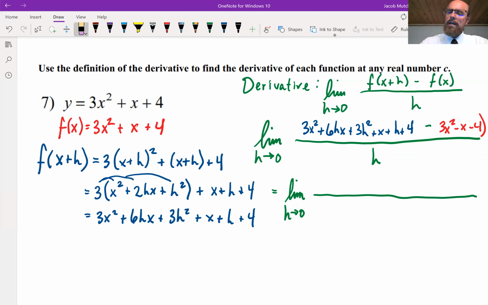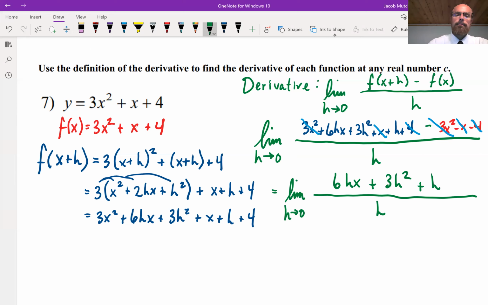So let's see if we've got any cancellations in our numerator. So 3x squared minus 3x squared definitely will cancel. Plus x minus x and 4 minus 4. So that, again, what we're left with in our numerator is a much simplified version here of the original numerator. It's 6hx plus 3h squared plus h all over h.